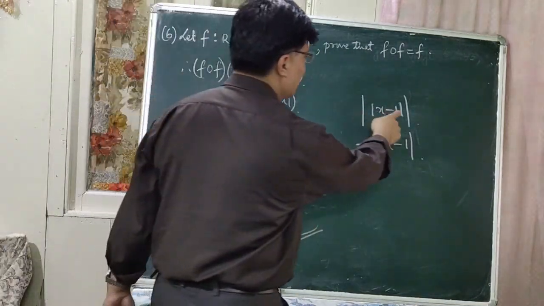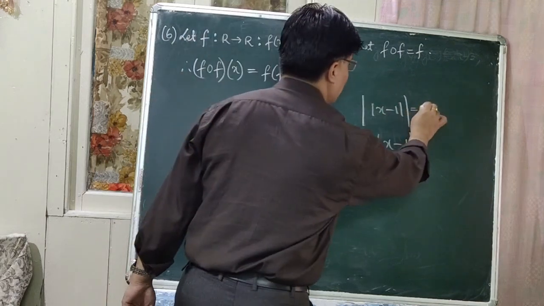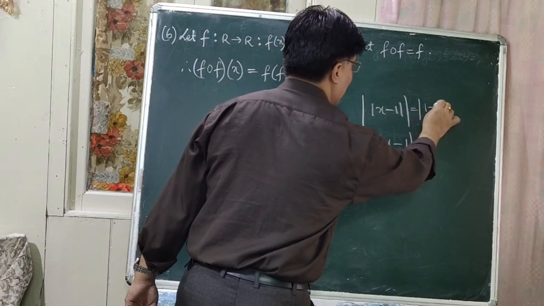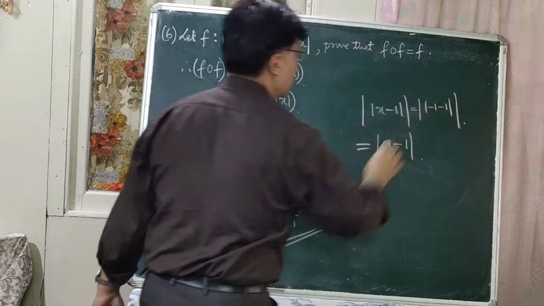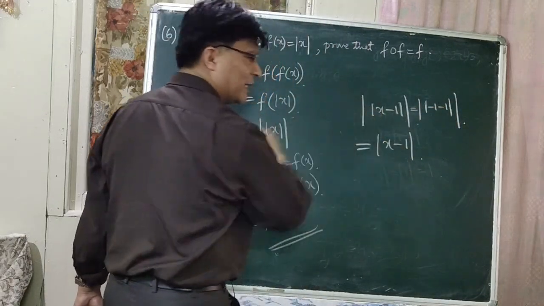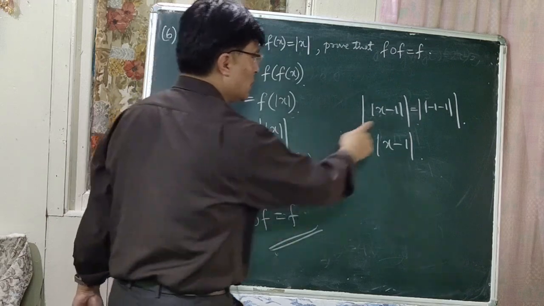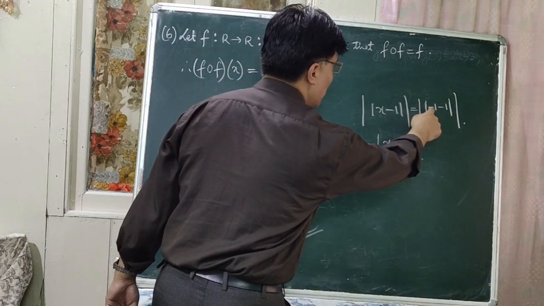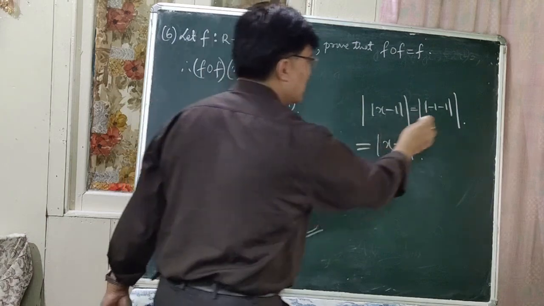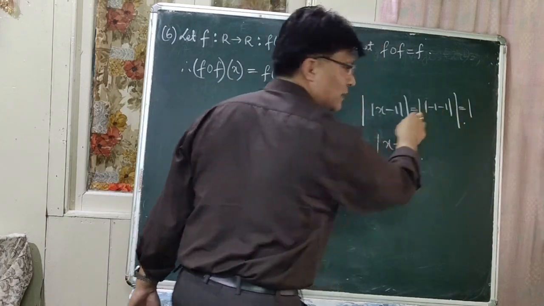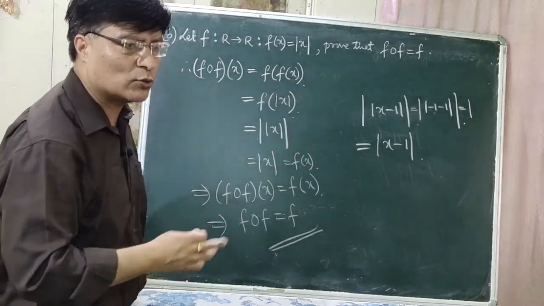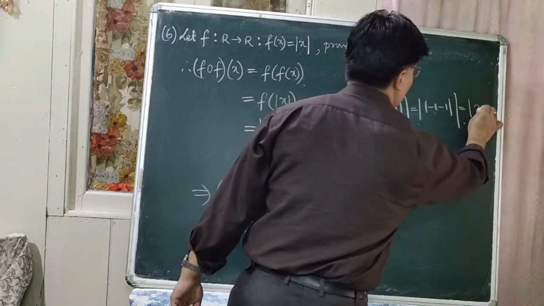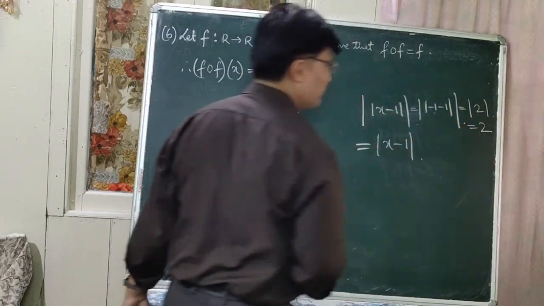Suppose you put x is equal to -1 in the first function, so mod of mod of -1 -1, right? Again, what is mod -2, which is equivalent to 2.